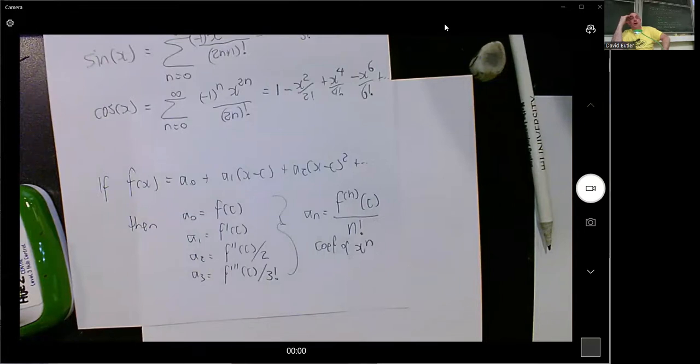So if you want to find the beginning of a Taylor series for a function, then you are going to need to calculate derivatives and sub things in.